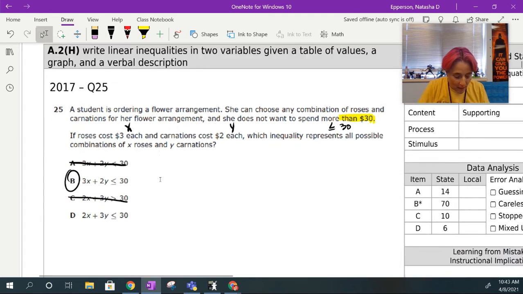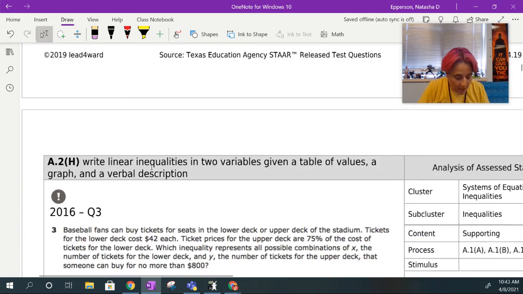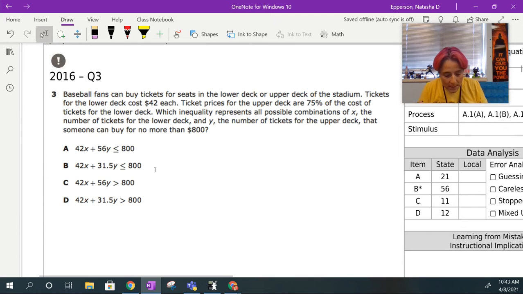Okay, now, next question. Let's see if we're in the same TEK. 2H, 2H. Yep, we're in the same TEK. We're a little bit different here. This is from 2016, but we're still looking at inequalities. Okay, so baseball fans can buy tickets for seats in the lower deck or upper deck of the stadium.